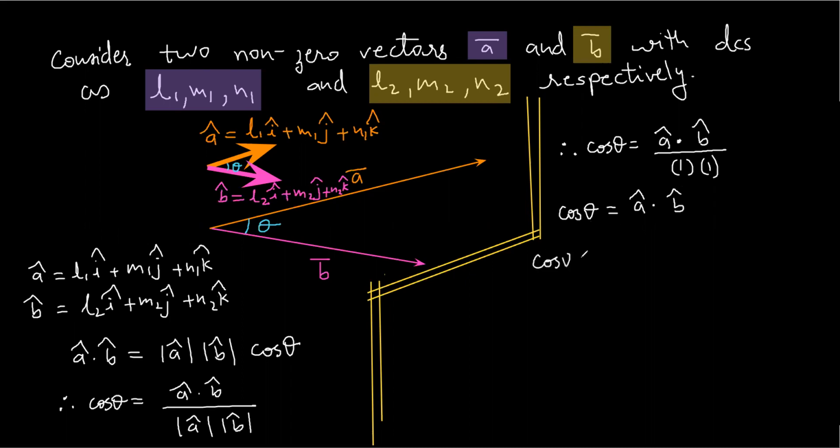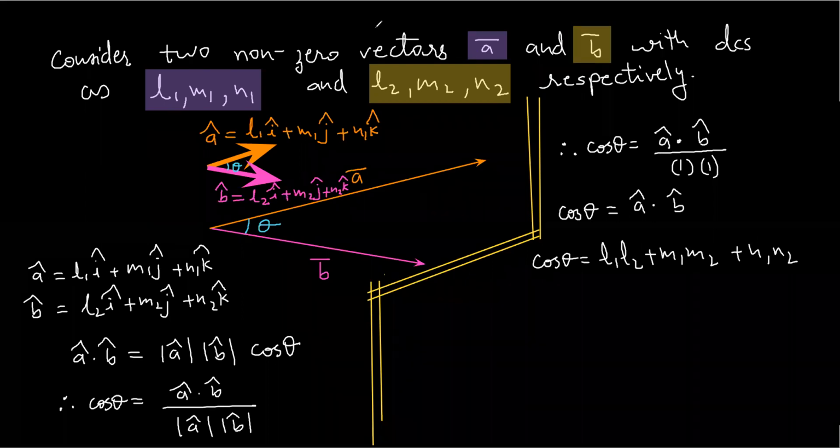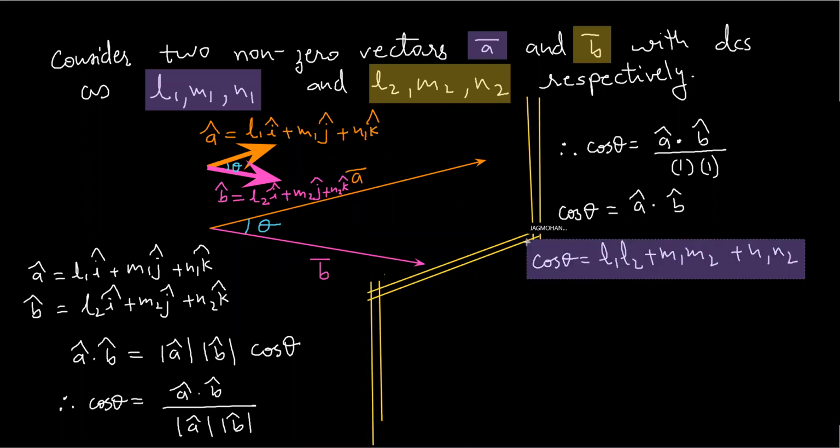So here you have cos theta equals L1 L2 plus M1 M2 plus N1 N2. This is the formula for the angle between two vectors or two lines if you know their DCs.